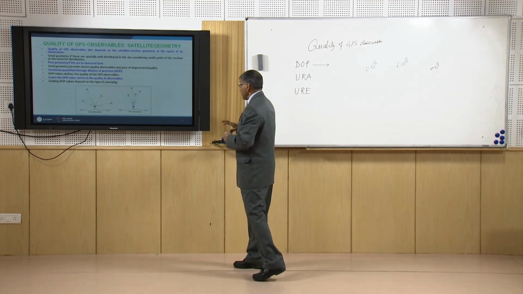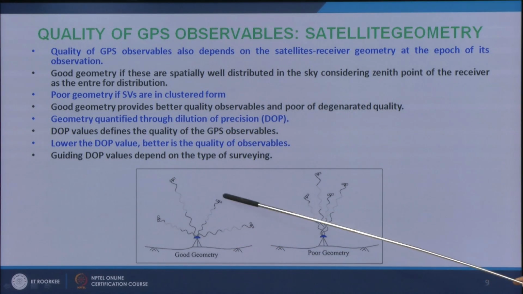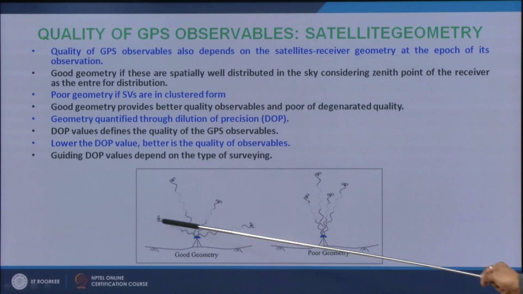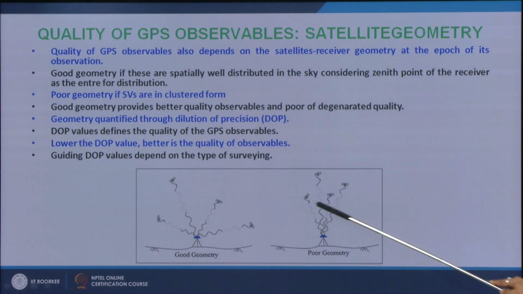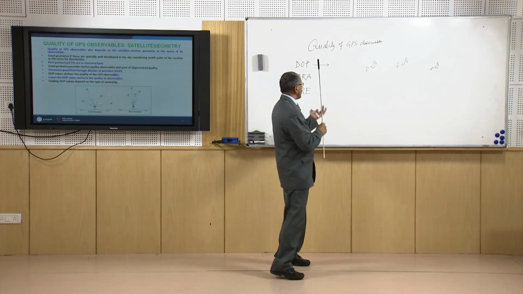Here you can see that in this case the satellites are well spread, and in this case satellites are narrowly spaced. When the satellites are widely spaced, that provides better geometry and the value of dilution of precision will be less. But here the geometry is poor, and we will get a high DOP value. So whenever we take GPS observations, we should look at the DOP value it is showing.